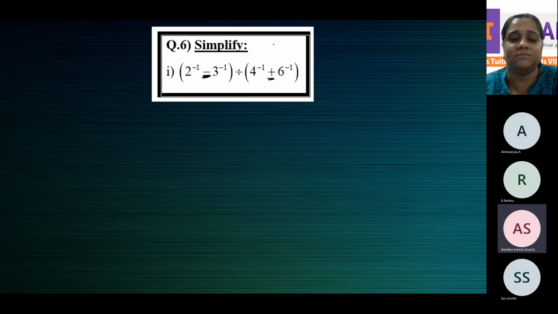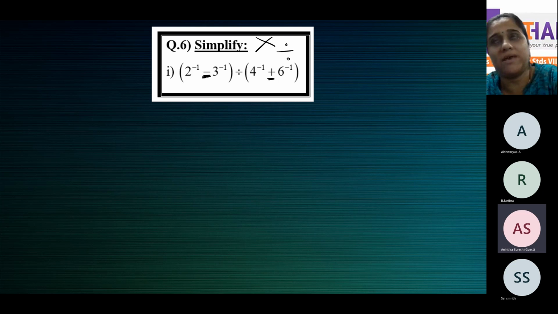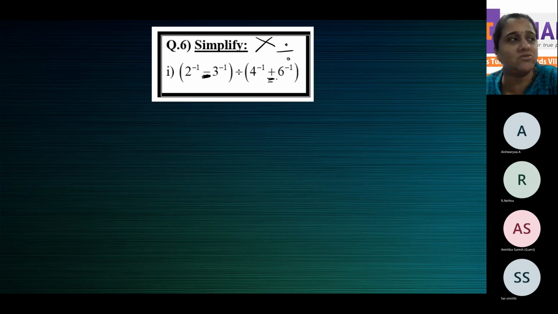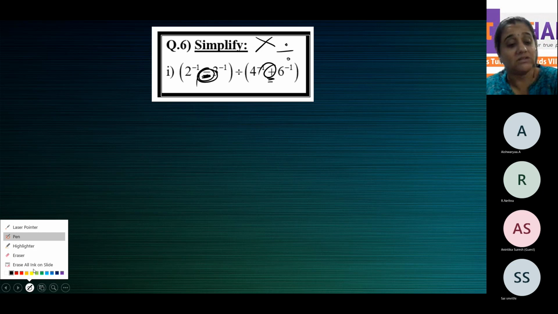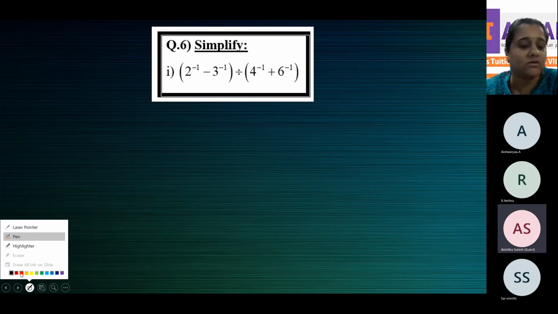See, in exponents, the connecting sign should be multiplication or division. If the connecting sign is plus or minus, there is no rule. Don't say the powers are the same and all that here. The powers may be the same, but the connection is minus and plus. No rule. Meaning, the rules which we usually use cannot be used here.